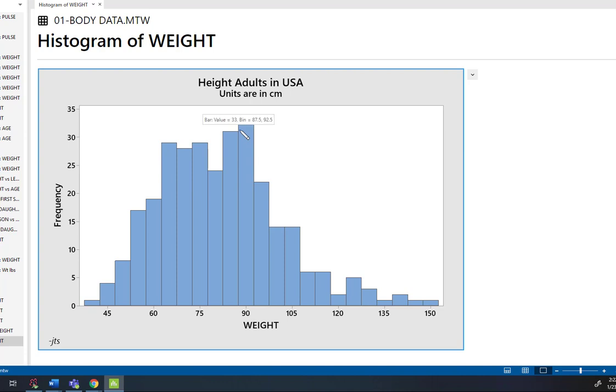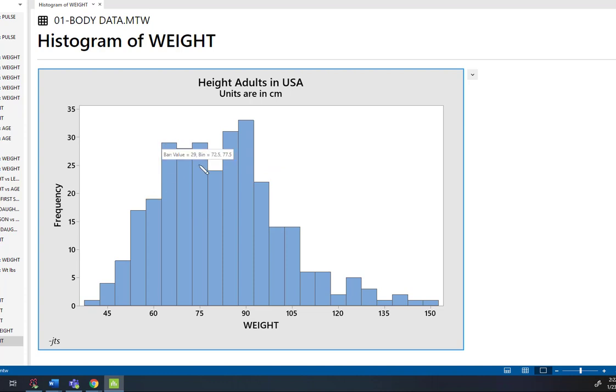And on the right, it looks like I've got a different normal distribution where the average height would be about here. Now, why in the world would that be if these are adults in the U.S.? Well, I think gender could be a variable that would give me two different distributions of height because men tend to be a bit taller than women.